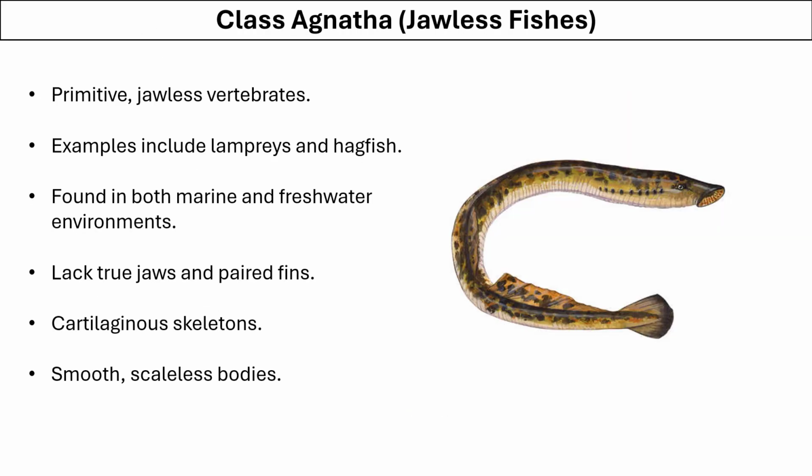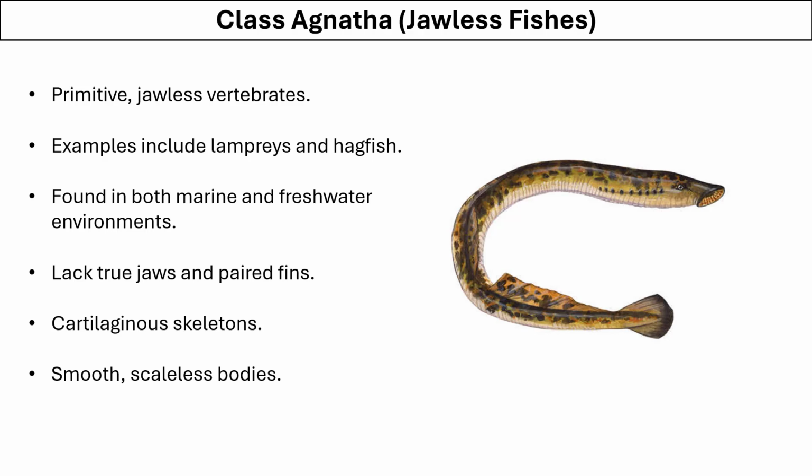The first class under vertebrata is Agnatha. Agnatha are primitive, jawless vertebrates. They include animals like lamprey or hagfish. They are found both in marine as well as freshwater environments. They lack true jaws, they are jawless fishes, and they have no paired fins.